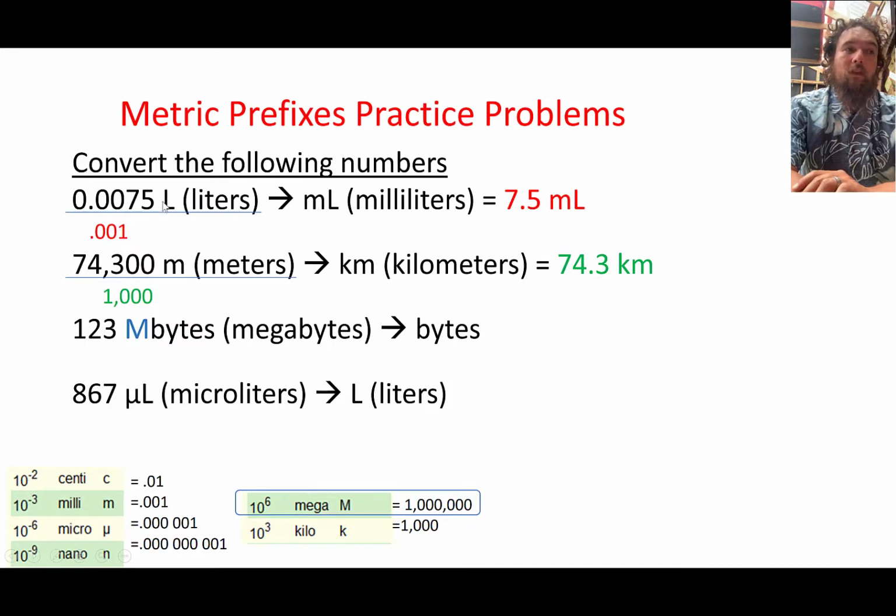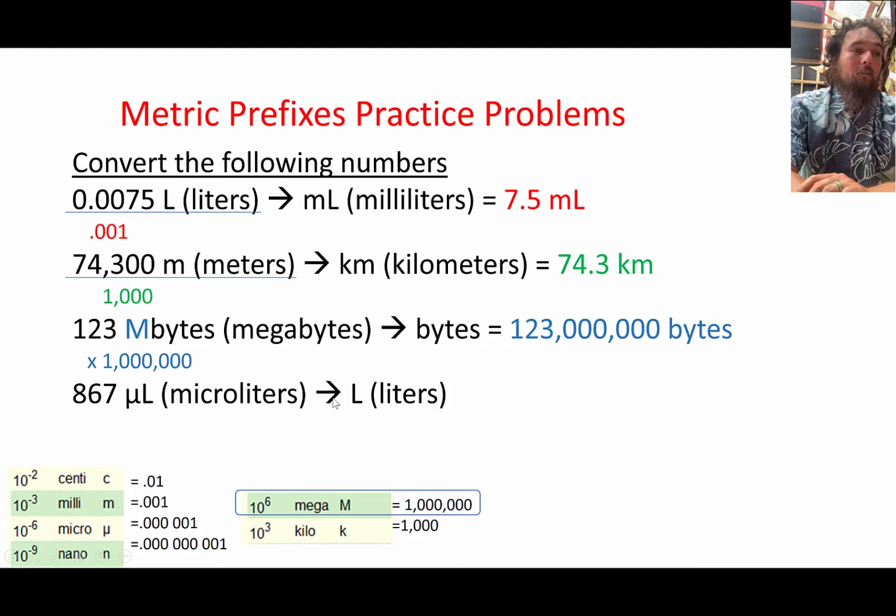The base unit in the first one was liters, and we converted that into milliliters. The base unit in the second one was meters, and we converted to kilometers. When we go from something with a prefix back to the base unit, we're going to do the opposite. So we would multiply the 123 megabytes by 1,000,000, and if your computer can hold 123 megabytes, that really means it can hold 123 million bytes, whatever a byte is.